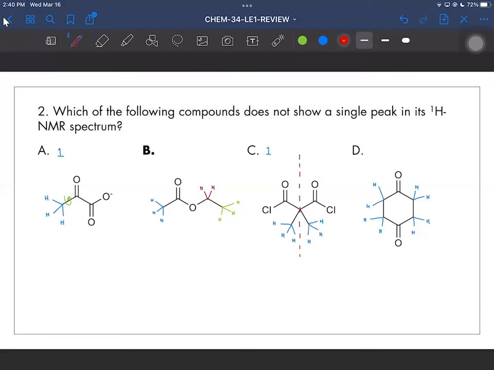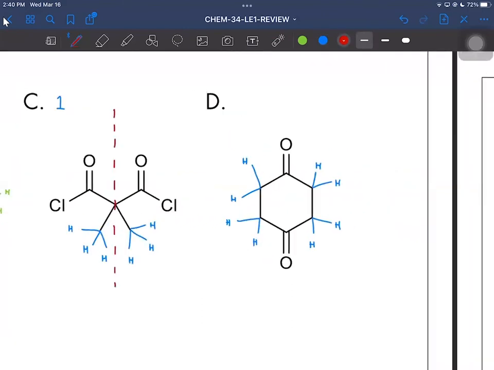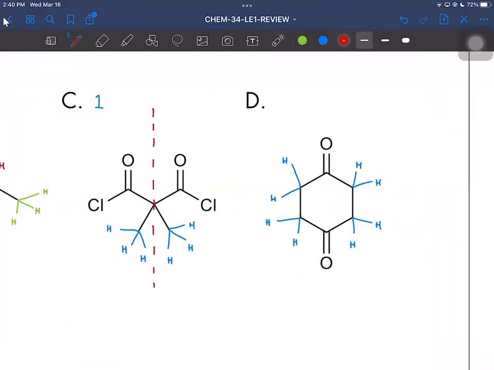We also see the same symmetry principle with the choice in letter D. In this molecule, we can draw a line of symmetry down sa center ng carbonyl groups. But also, we can find another line of symmetry on the horizontal, crosswise, dividing the compound into identical 4 sections.